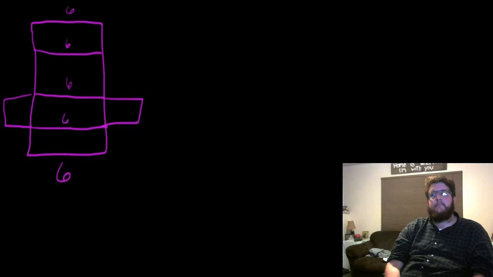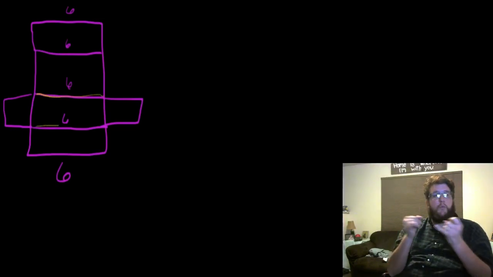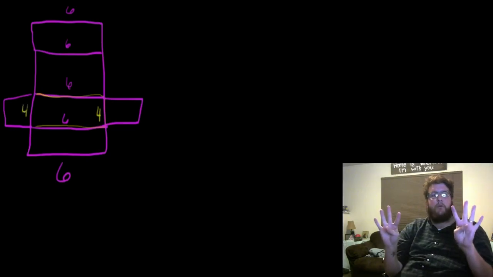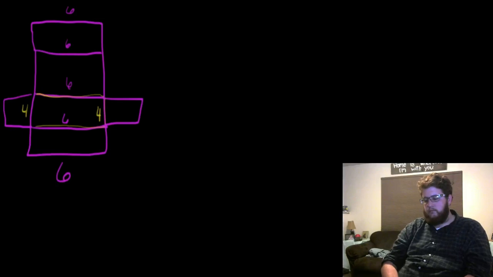And if this is the bottom of the triangle, I'm sorry, this one right here is the bottom of the triangle, then this must be its width. And I know the width is 4. And then these must be these sides, so up here is also 4.